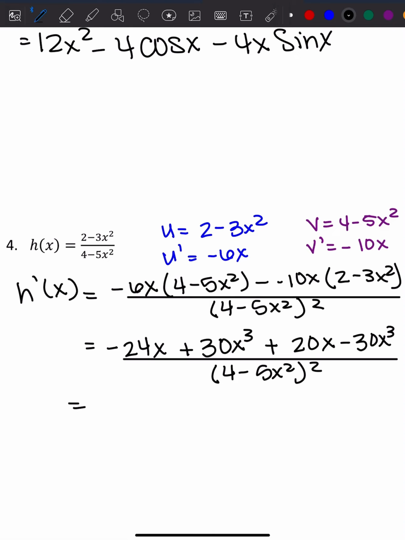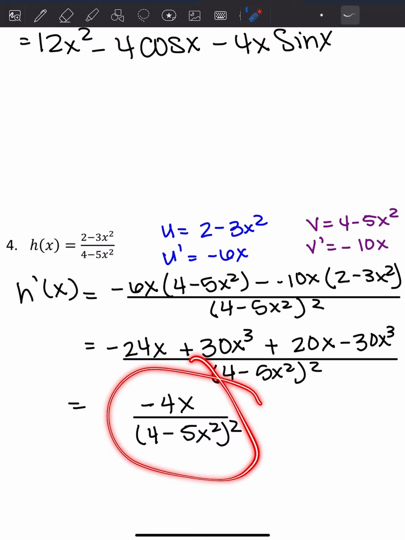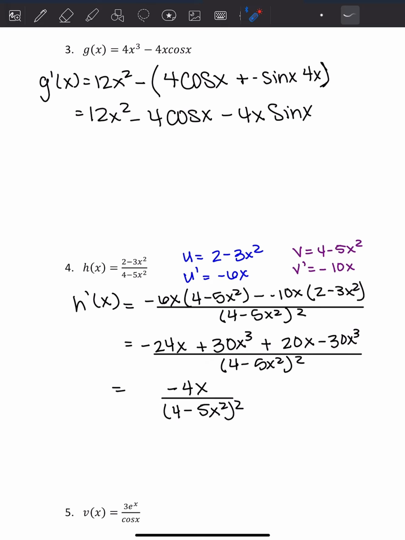So we have a negative 24x, we have a positive 20x, so we get a negative 4x. We have a positive 30x cubed, we have a negative 30x cubed, so those go away. And the denominator stays the same. So more likely than not, this would be our answer for a multiple choice question. So we just need to make sure we know how to simplify it, and we don't necessarily have to.